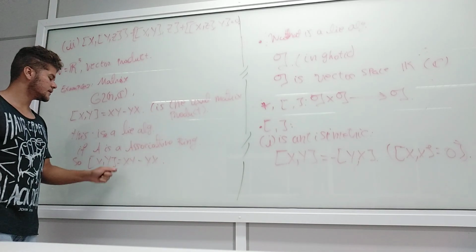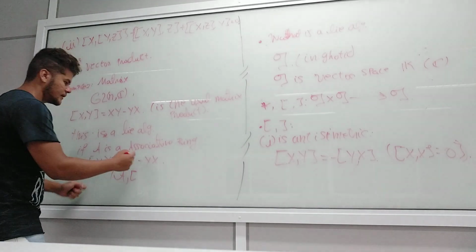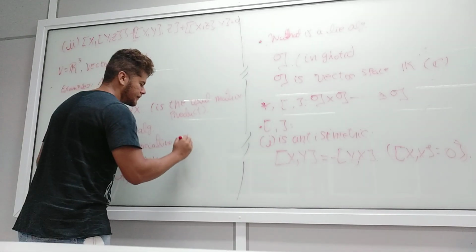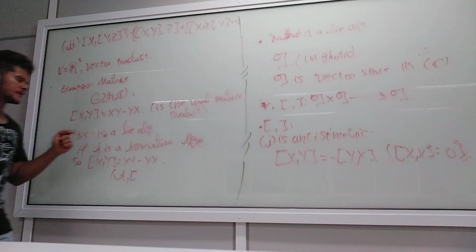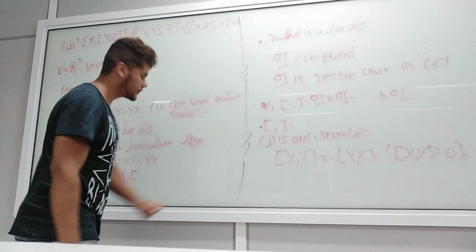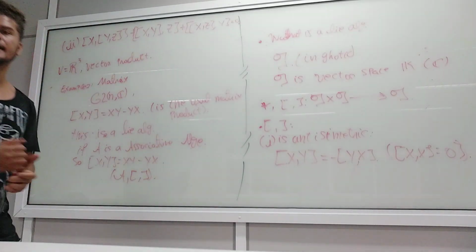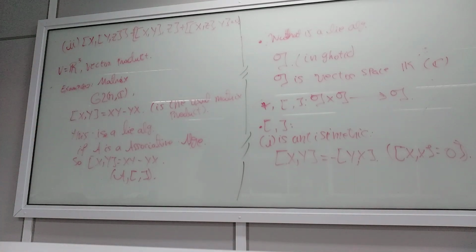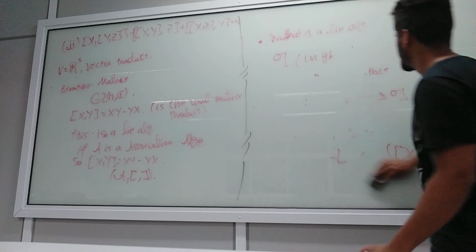It is an associative algebra, because a ring doesn't necessarily have the scalar product. This is gonna be a Lie algebra as well.